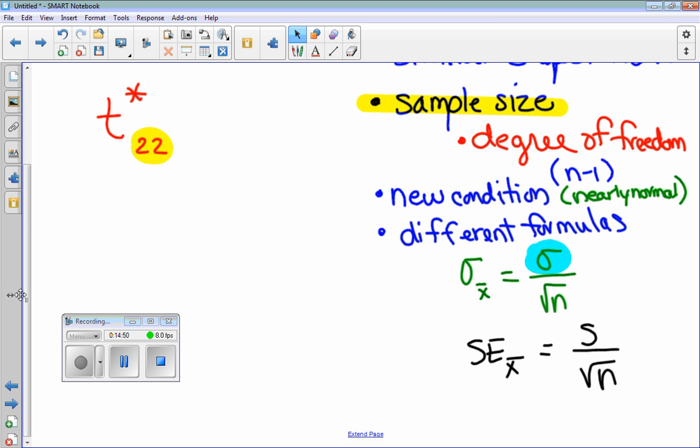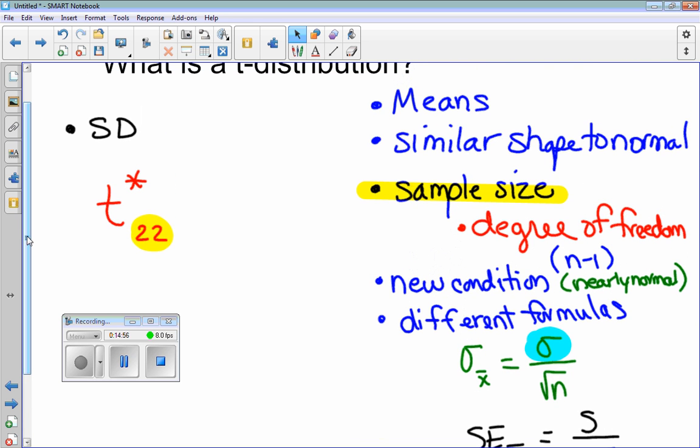Okay? Any similarities that we found? There's lots of differences, I agree. Any similarities? We wrote one, didn't we? They have similar shapes, right? What is another similar thing between a normal distribution and a t-distribution?